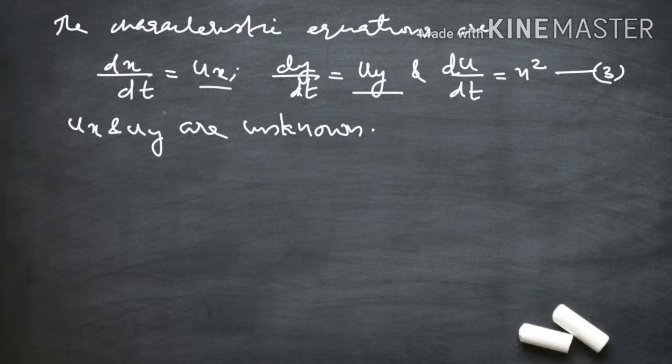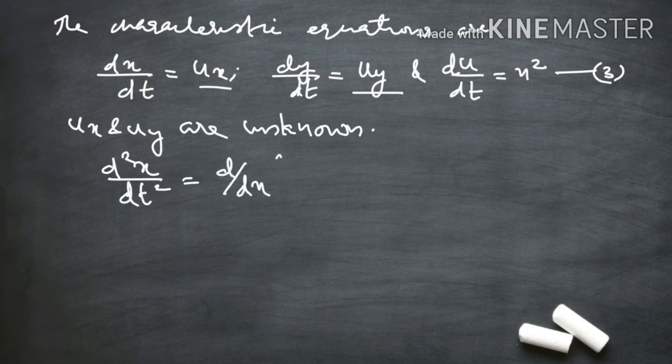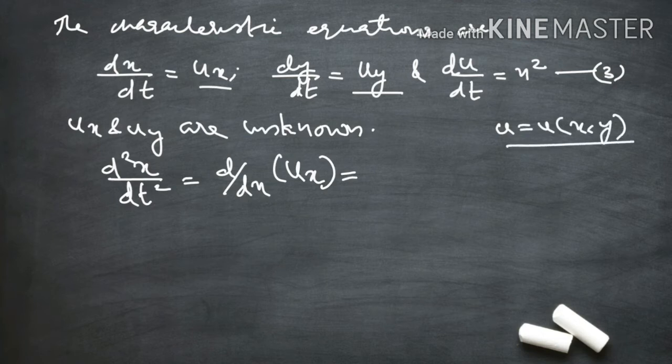Therefore what we have to do is differentiate again dx by dt and dy by dt from equation 3. In differentiating again, we will get d square x by dt square equal to d by dx of ux. Actually u is equal to u of x comma y, u is a function of x and y.